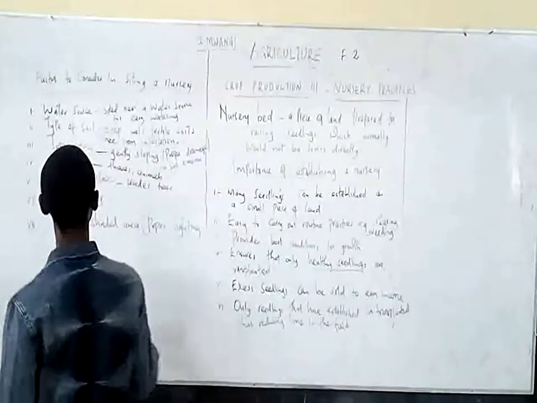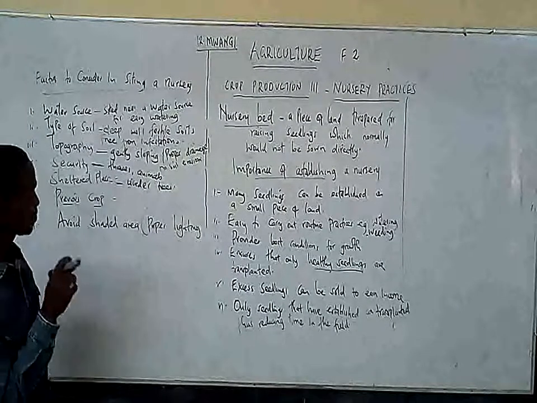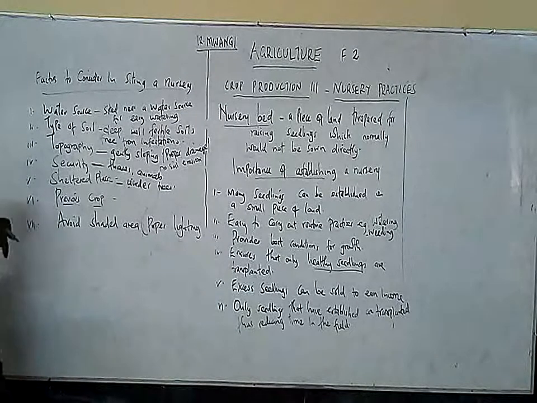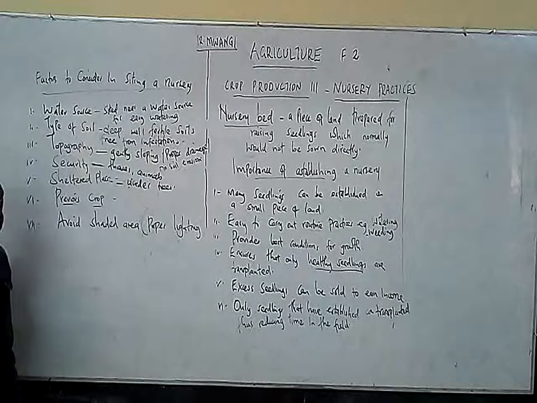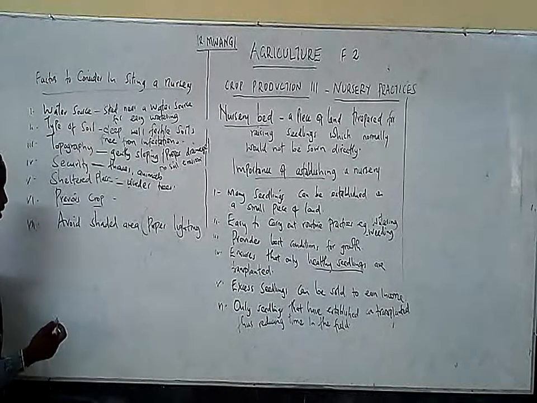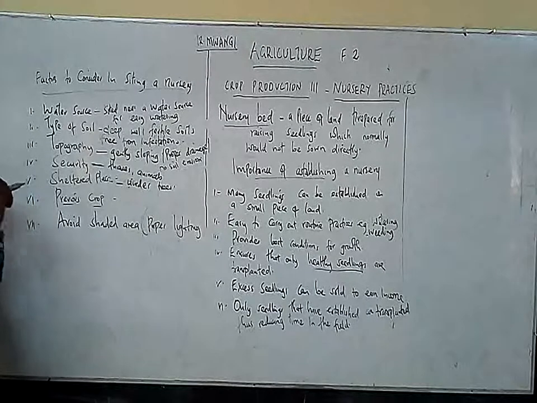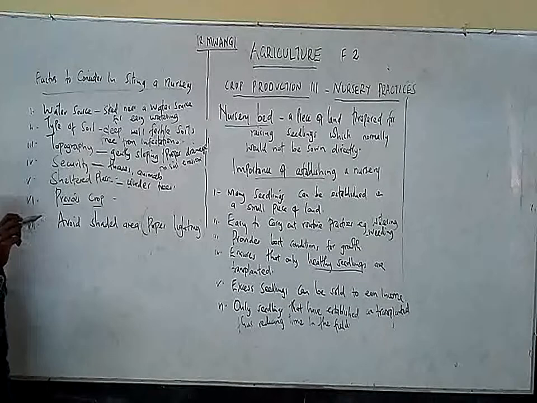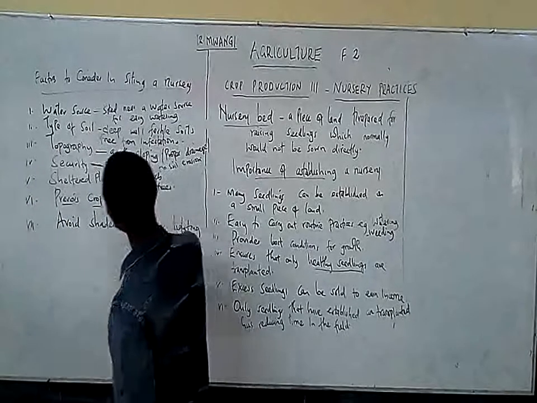If they follow each other, you find the build-up of crop pests and diseases in the soil. If maybe previously you had a crop like tomatoes, then you introduce tomatoes, you'll find that the pests and diseases which had attacked the tomatoes will still be in that soil, and they are going to continue attacking our tomatoes.